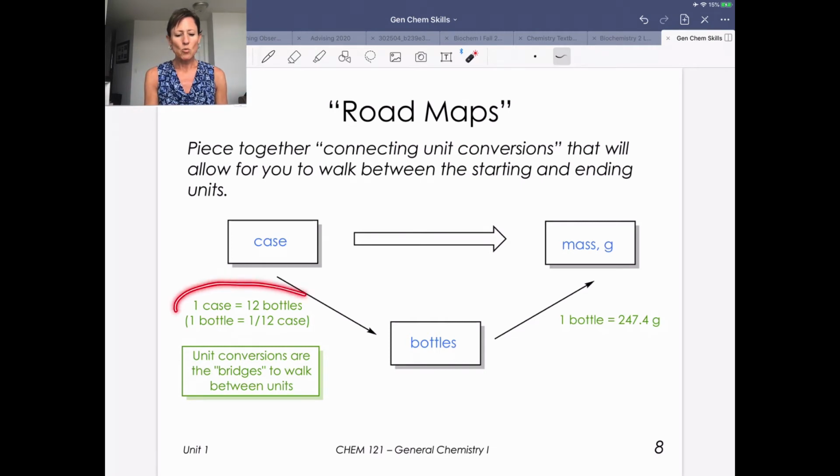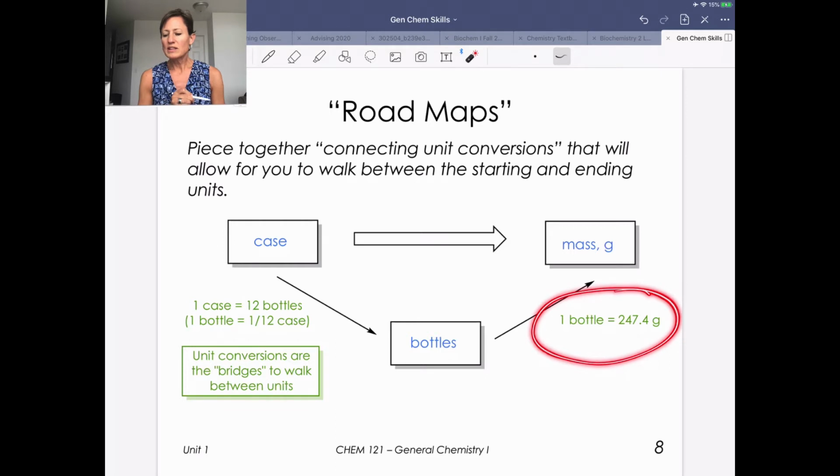So we can say that 1 case is equal to 12 bottles, but we also can say that 1 bottle is equal to 1/12 of a case. And this represents a bridge that allows us to walk between, we know we have 1 case, to how many bottles we have. Another piece of information that was given to us in a problem, we know that 1 bottle weighs 247.4 grams.